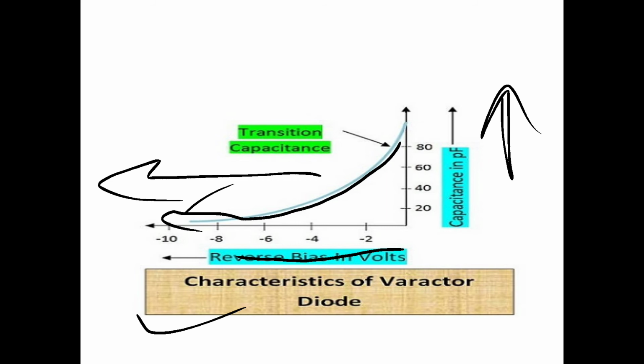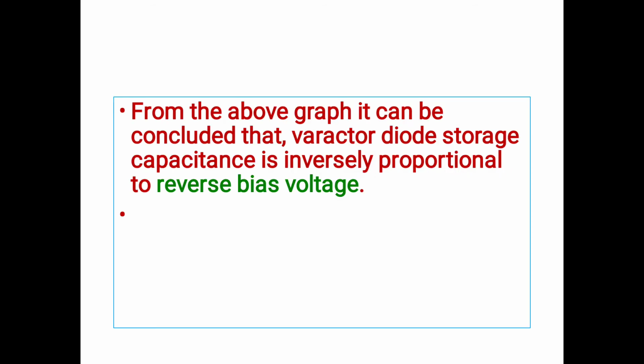It means they are inversely proportional. So from the above figure, it can be concluded that the varactor diode storage capacitance, this is transition capacitance, is inversely proportional to the reverse bias voltage.